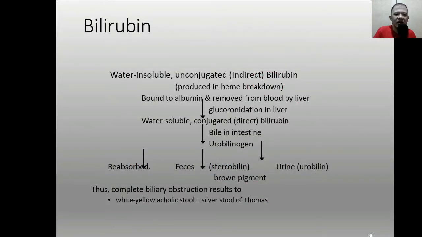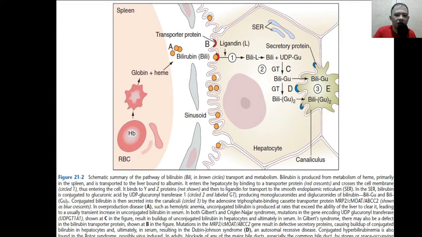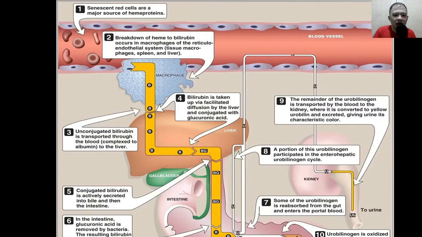I'll just use this figure to discuss the bilirubin metabolism. I think this is the more appropriate figure. So the red blood cells are the main source of the heme. The breakdown of the heme to bilirubin is done by the macrophages in the liver, in the spleen, and tissue macrophages.